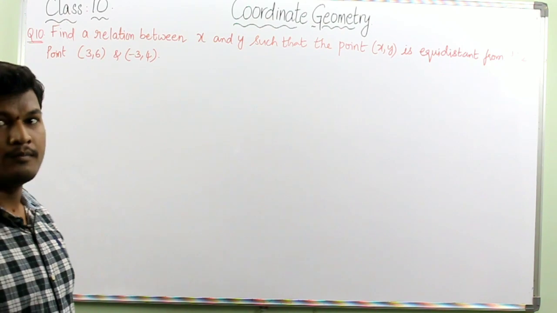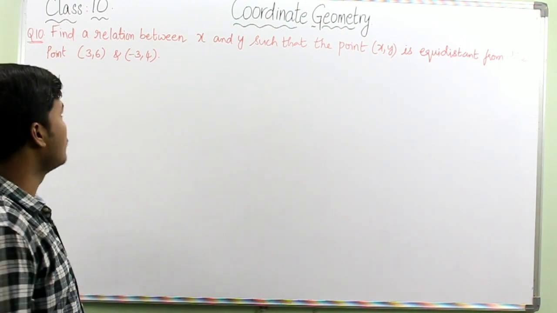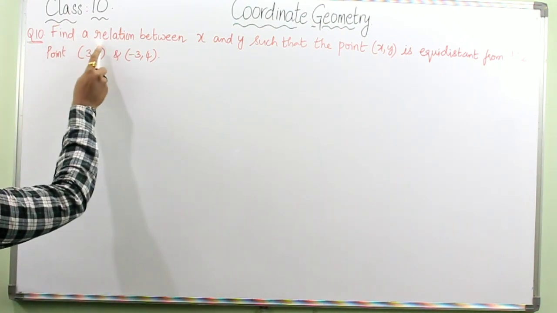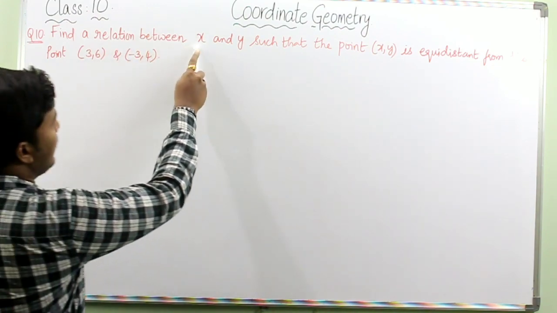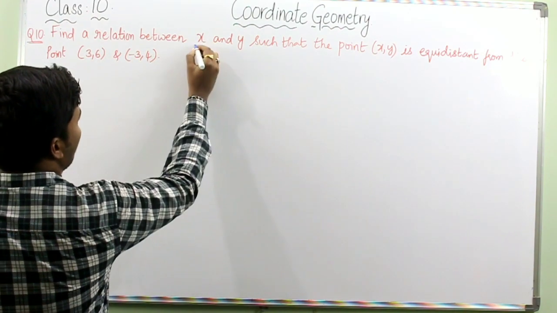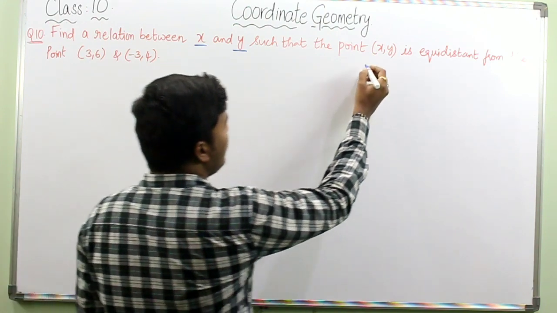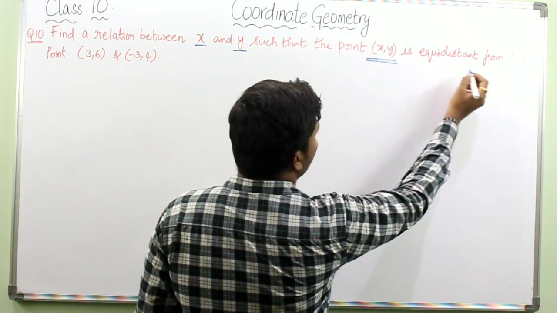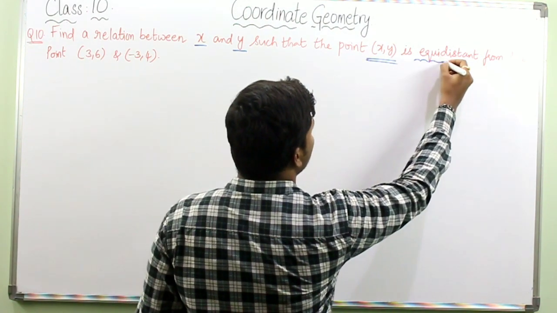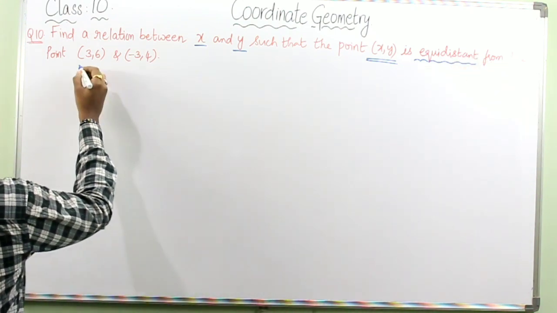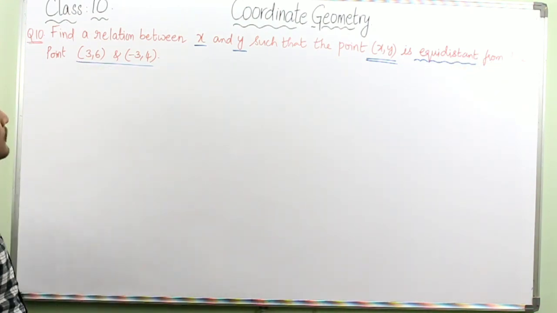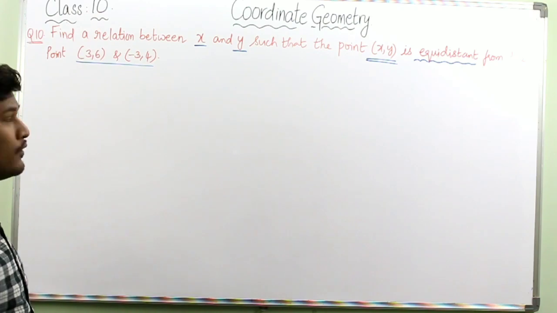The next problem, that is question number 10. Find a relationship between x and y such that the point x comma y is equidistant from the points 3 comma 6 and minus 3 comma 4.